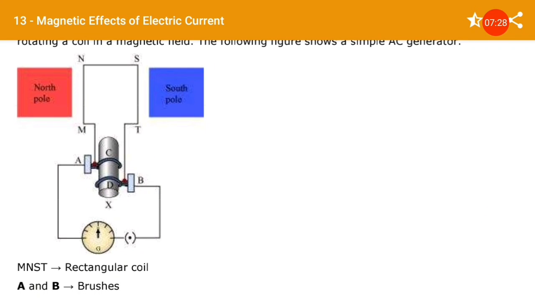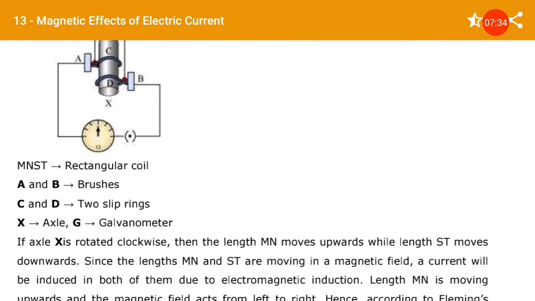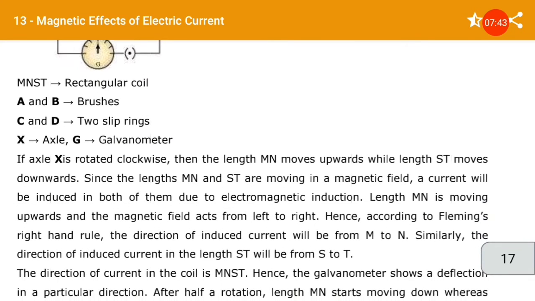So North Pole and South Pole are there, brushes are there, split rings are there. You can see A and B brushes, C and D two split rings, X that is the axle, and G that is the galvanometer. If axle X is rotated clockwise, then length Mn moves upward while length St moves downward.